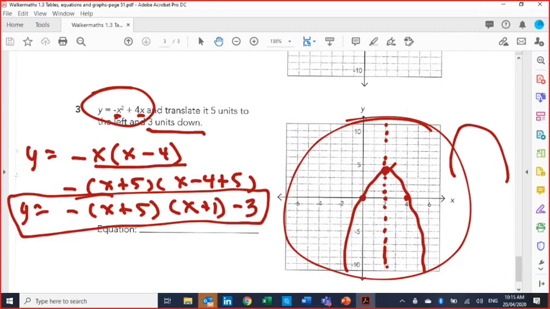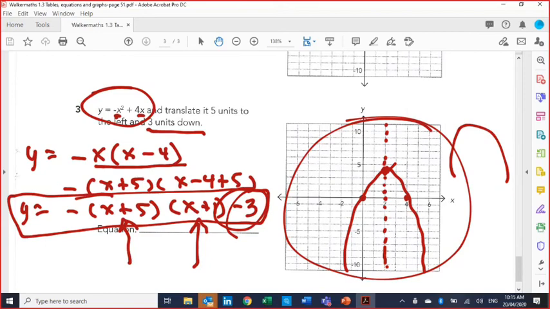Good. What if I say 10 units up? That's just add 10 at the end of the equation, right? That's that number at the end. Okay? So up is add, down is subtract, just like normal. It's only when you're putting numbers into parentheses or into brackets that it ends up changing their signs.